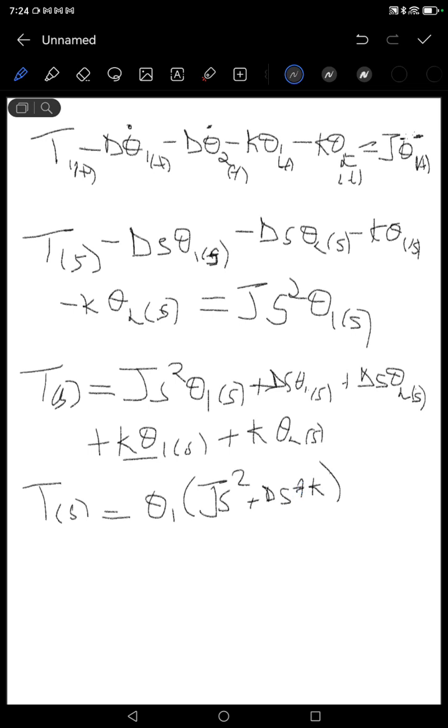Okay, and then plus, we're going to take out the common factor of theta 2. We're going to have theta 2 into d s plus k, like this.